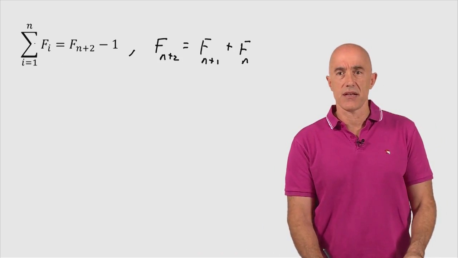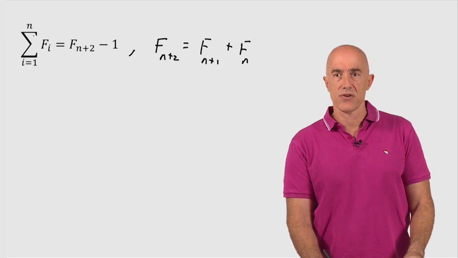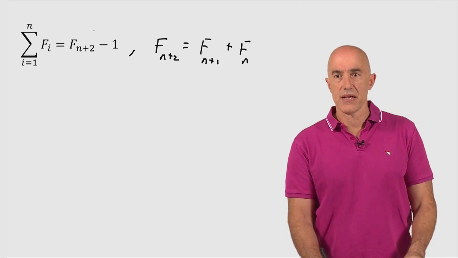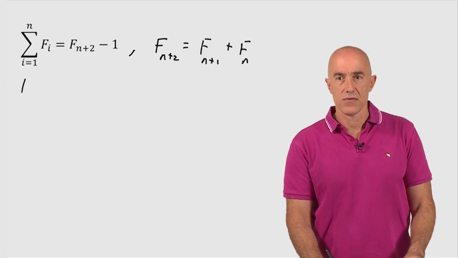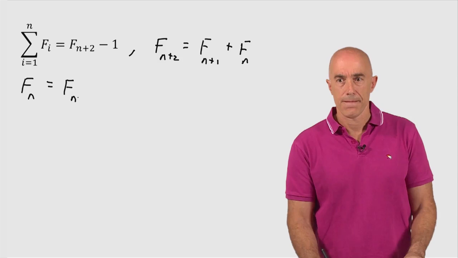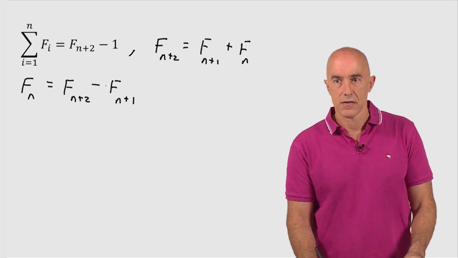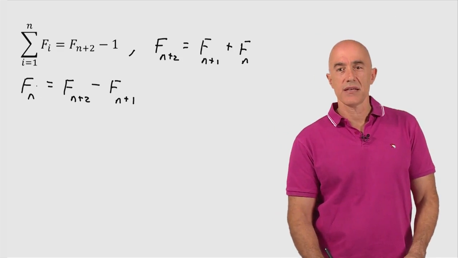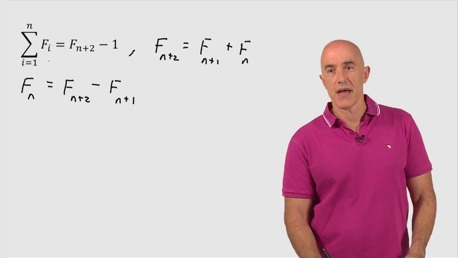The left-hand side is going to have an f sub n, the last term in the sum. The right-hand side has an f sub n plus 2. So we can write this as f sub n equals f sub n plus 2, then we have to subtract f sub n plus 1. And that would be the last term in the sum, the f sub n term.